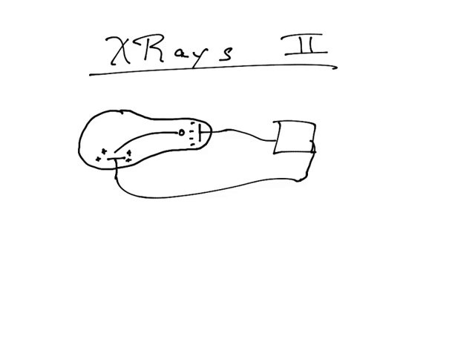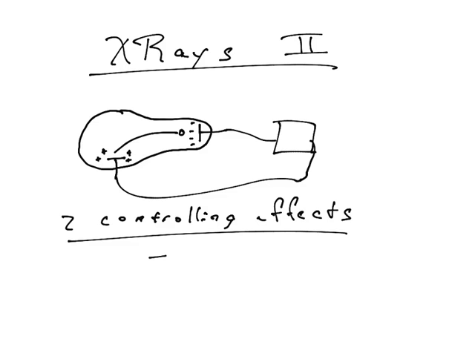And that goes, by the way, to show that there are two ways of controlling these electrons. Number one, you could change the voltage. By changing the voltage, it makes it more or less attractive for these electrons to be sent towards the positive plate.